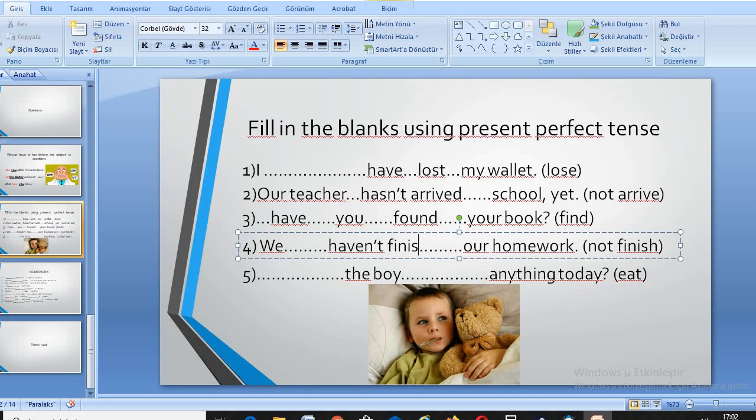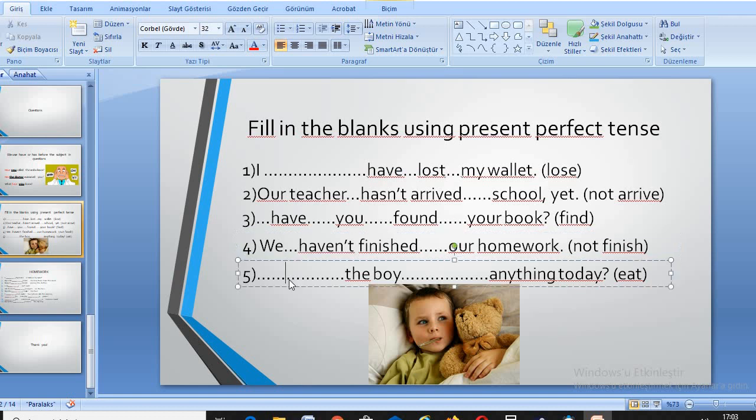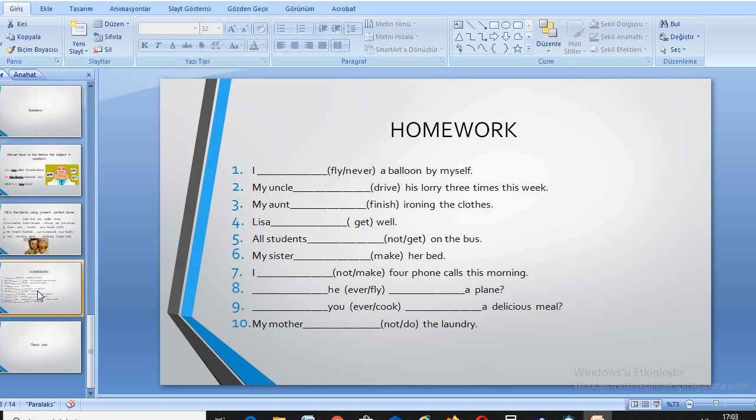It's a regular verb again. We haven't finished. Okay, the boy anything today eat. So we say, has the boy eaten anything today? Good, very good.